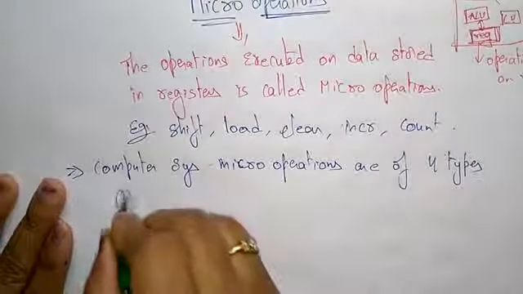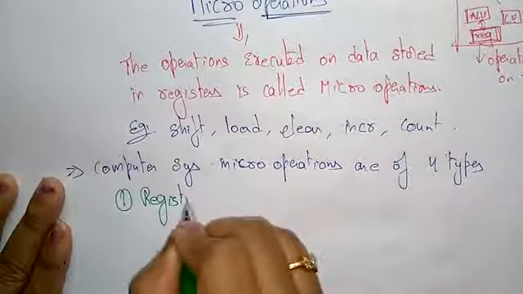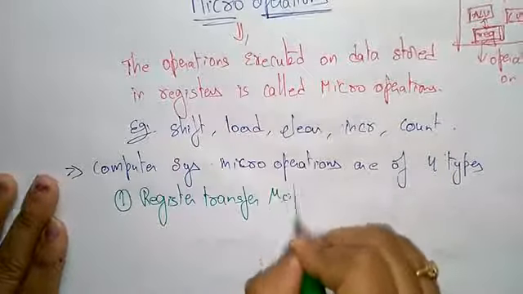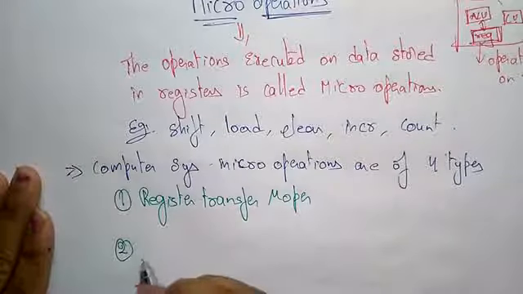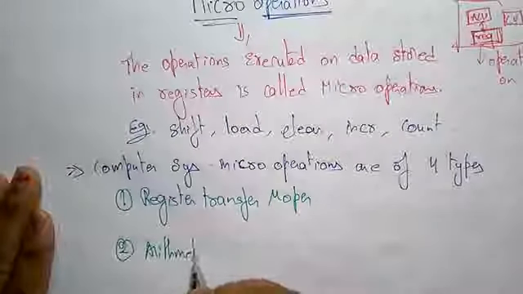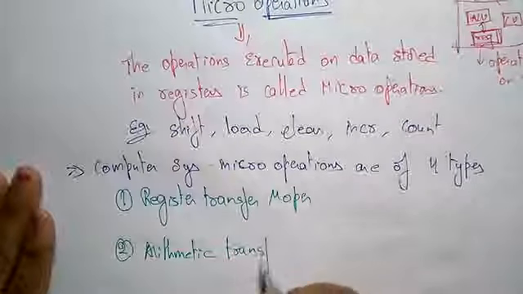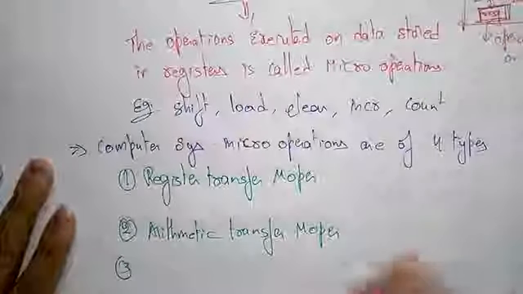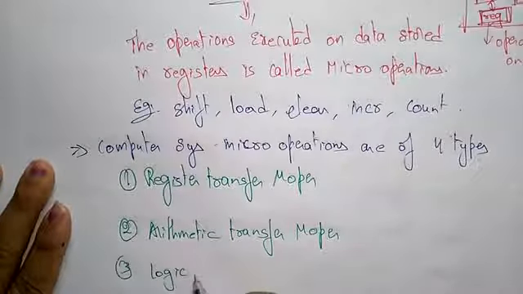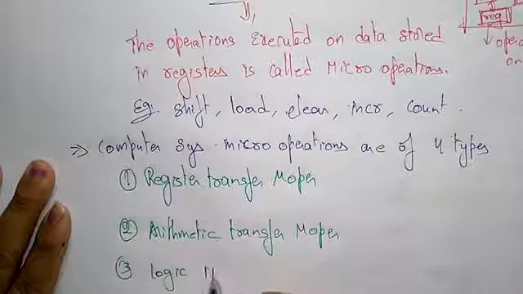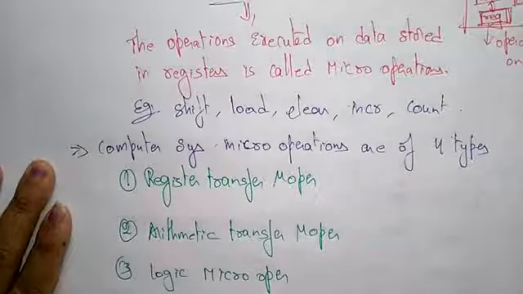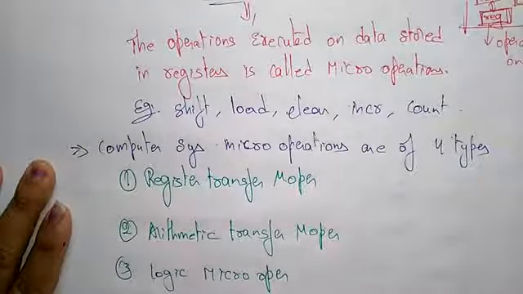What are those? First, register transfer micro operation; next, arithmetic micro operation; third, logic micro operation; and fourth, shift micro operation.